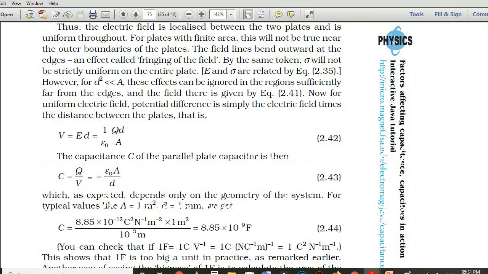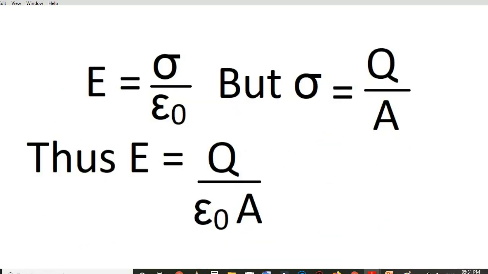the equation for the electric field inside a capacitor. E is equal to sigma by epsilon 0.